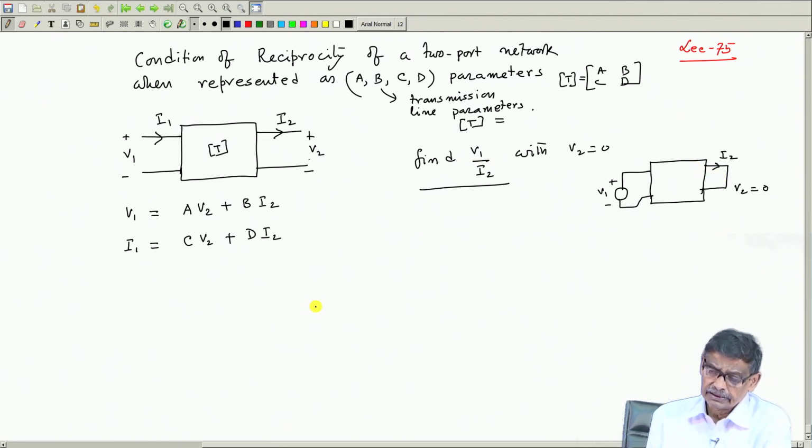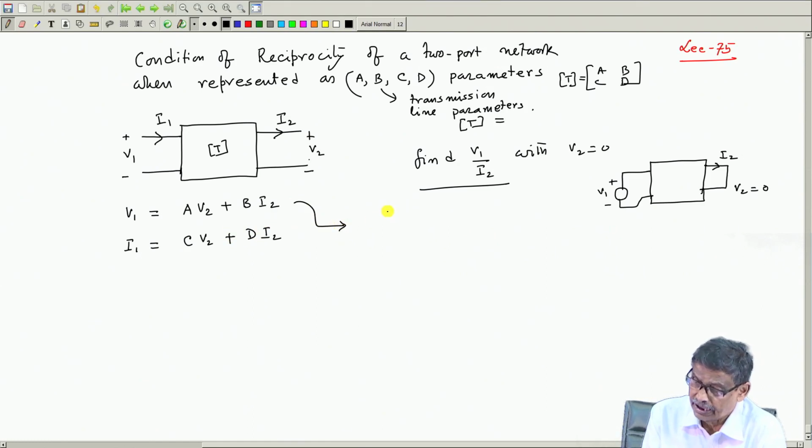And how can I find it out? From the first equation, V1 is equal to AV2, that is 0, plus BI2.